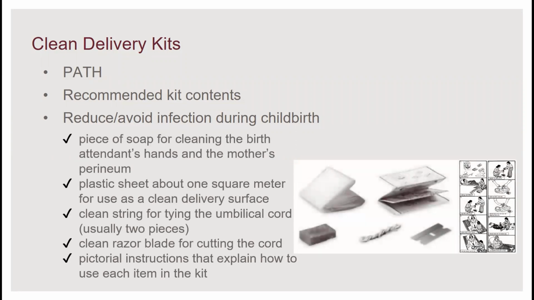And we can see the recommended list of items here. We also note that in some countries, such as Haiti, they have adapted the contents to local needs. And WHO also has come out with its own recommended list of products for a clean delivery kit.